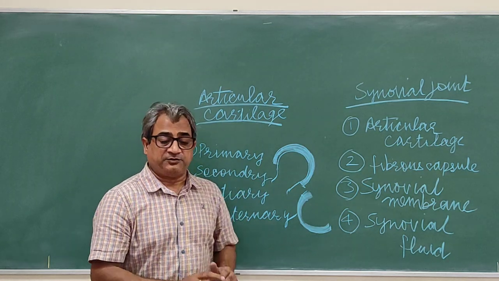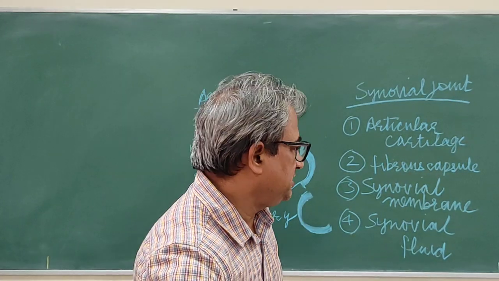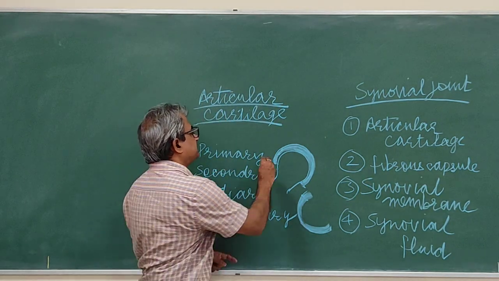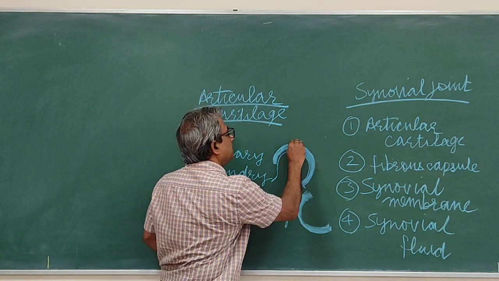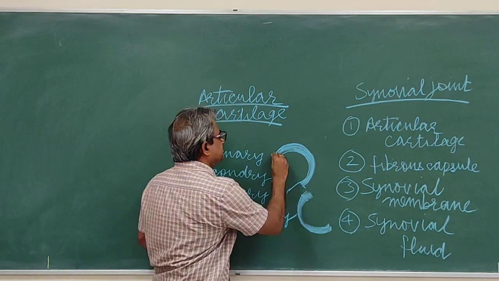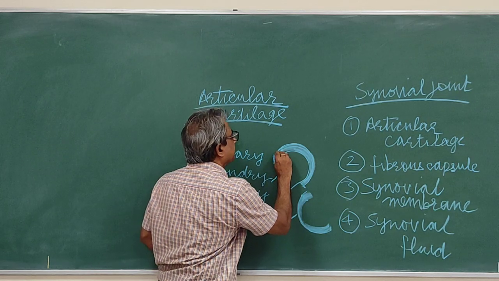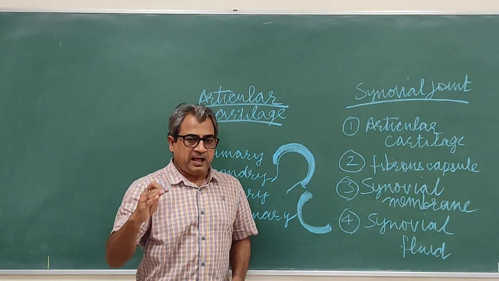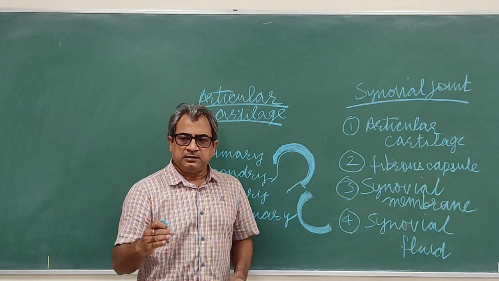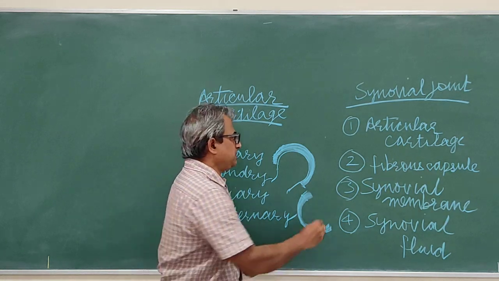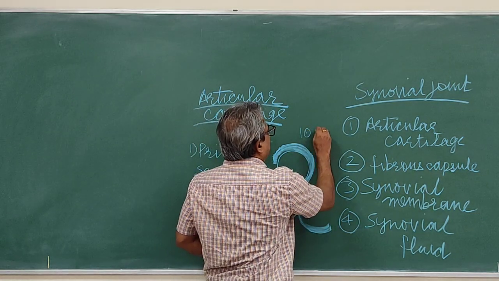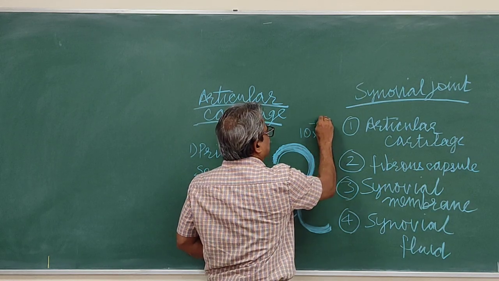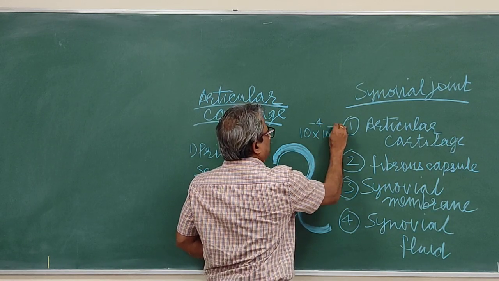What is a secondary curvature? Actually, this curvature, as you see, this surface is actually not plane. This is slightly what we call undulated. Undulated is a wave-like pattern, and this wave-like pattern is so minute, it is of the order of 10 raised to power minus 4 to 10 raised to power minus 5.